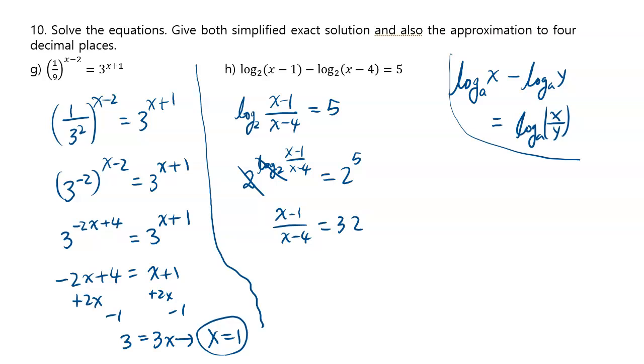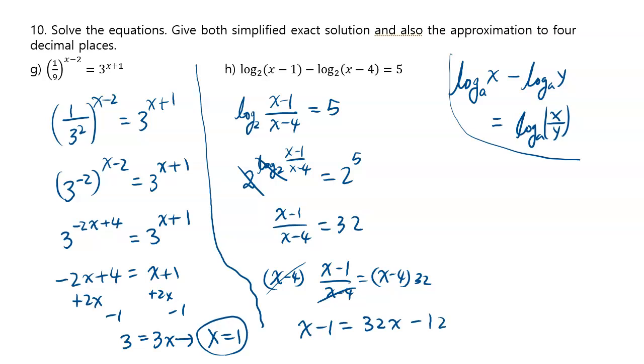Okay, well, it's some equation. It looks horrible, but we can make it slightly better by multiplying by x minus 4. That way you don't have a fraction anymore, right? So I'm going to multiply x minus 4 both sides. These two cancel, and so you get x minus 1 equals 32 times x minus 4, 32x minus 128.